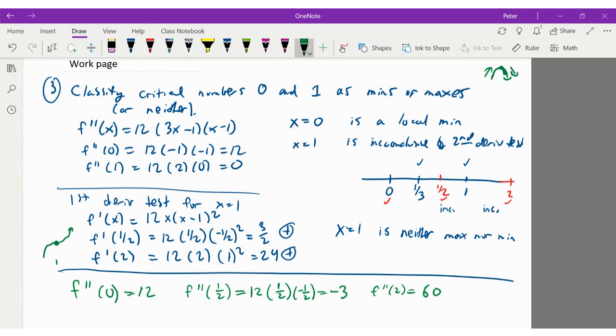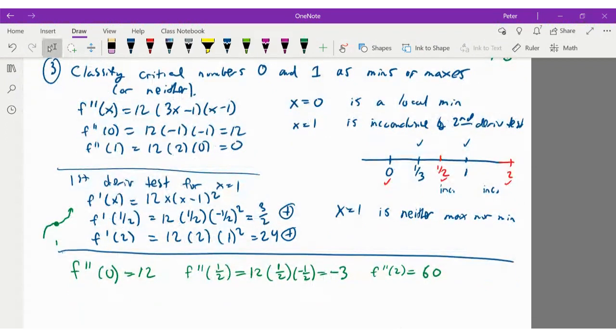It's not transitioning from increasing to decreasing, but it is transitioning from concave down to concave up. If you notice here, let me go back to this part, I have positive concavity, negative concavity, and positive concavity.